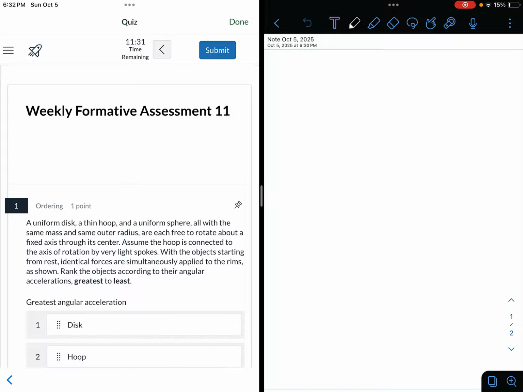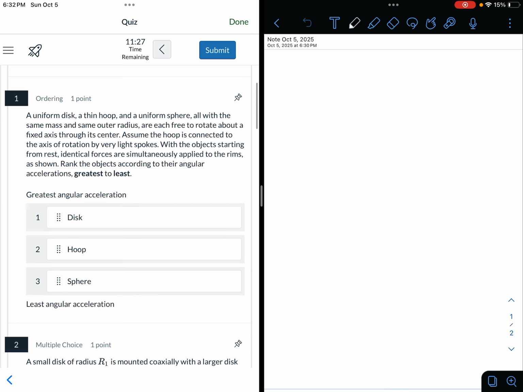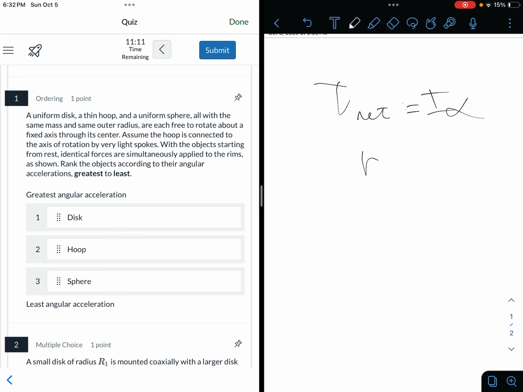Okay, so this is just a T net equals I alpha problem, right? Because really they each have the same torques being applied, since the force is applied at the rims, so same radius, and by the same force, right?